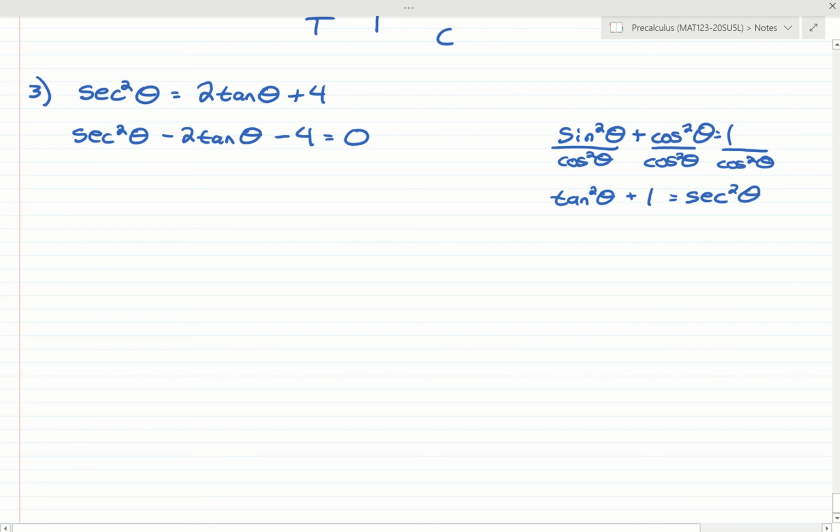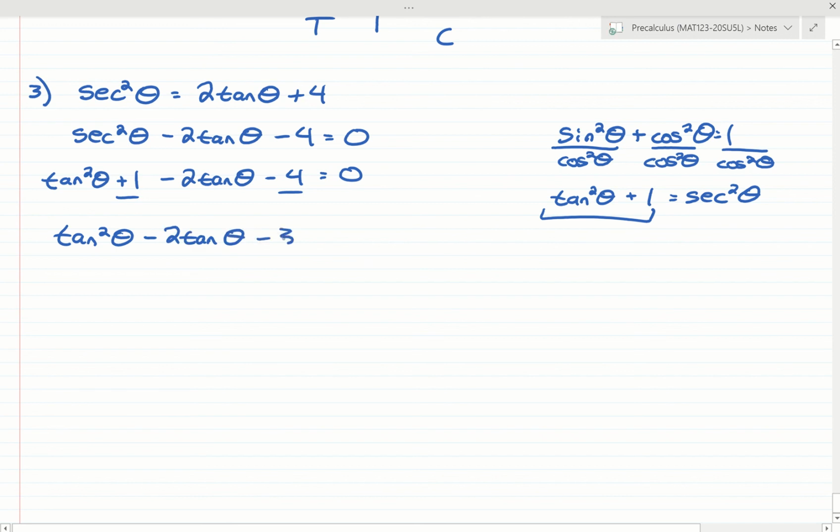So let's actually use that property. Instead of secant squared, let's replace it with tangent, so we have all the same trig functions. This is going to be the tangent squared of theta plus 1 minus 2 tangent theta minus 4 is equal to 0. Combine our like terms. Use quadratic techniques where we substitute tangent in for y.